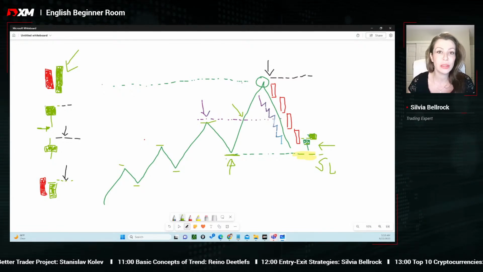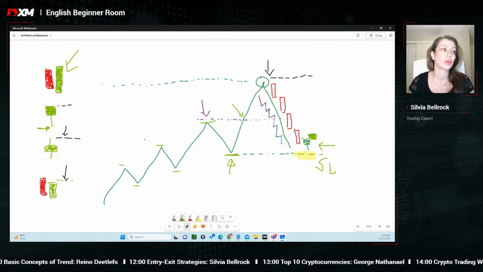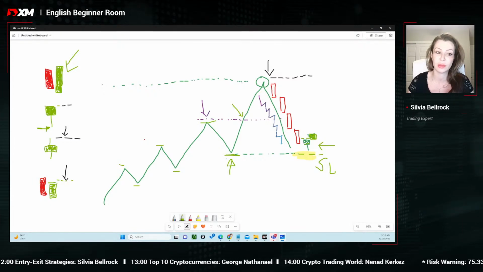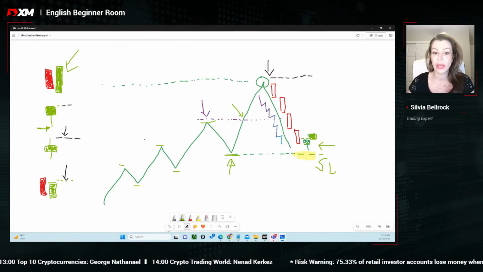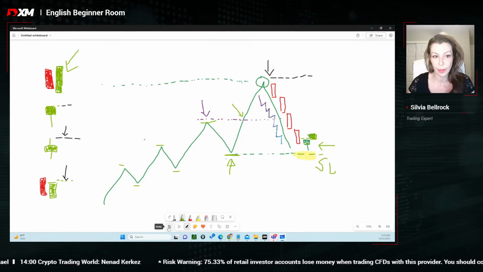So this means, on the other hand, that the sellers were not able to keep pushing the price lower or sustain this price. That is the sign that I'm looking for when I'm trying to enter on the long side after a correction, that bulls are stepping in.